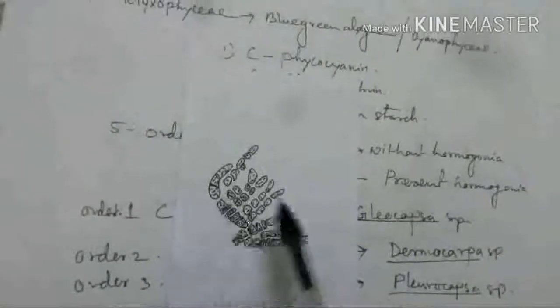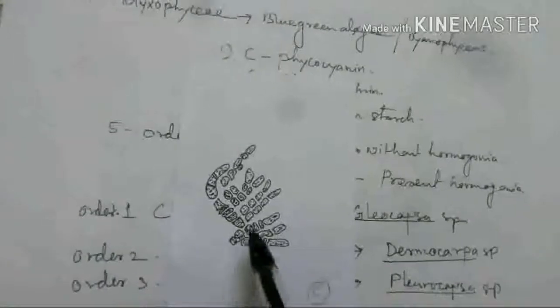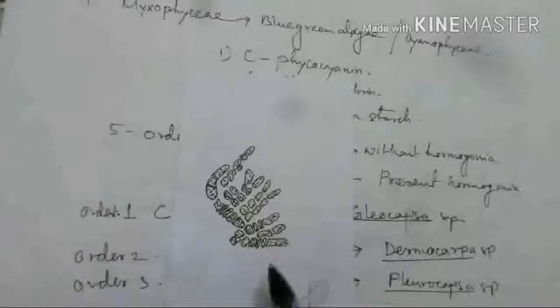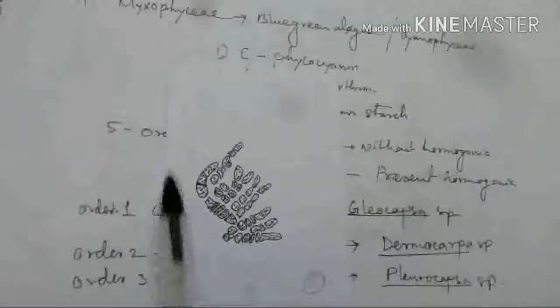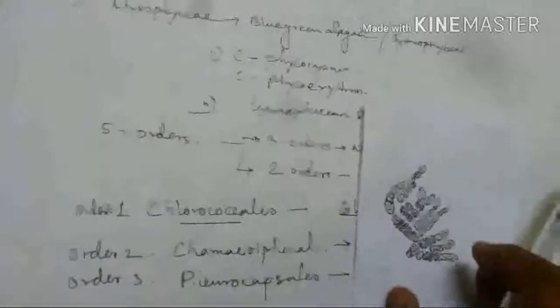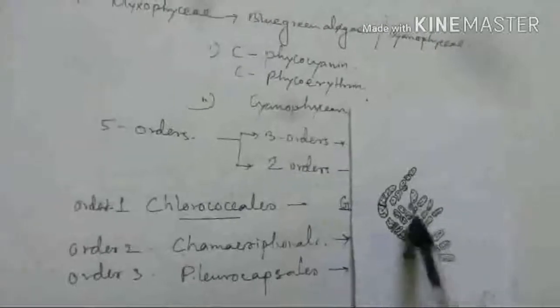Sometimes this algae calcifies, and it forms a pseudofilamentous growth. So this is a Pleurocapsa algae, of the Pleurocapsales order. Here also hormogonia are absent.